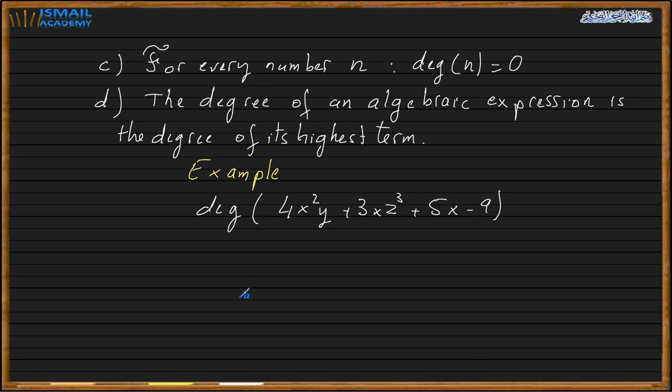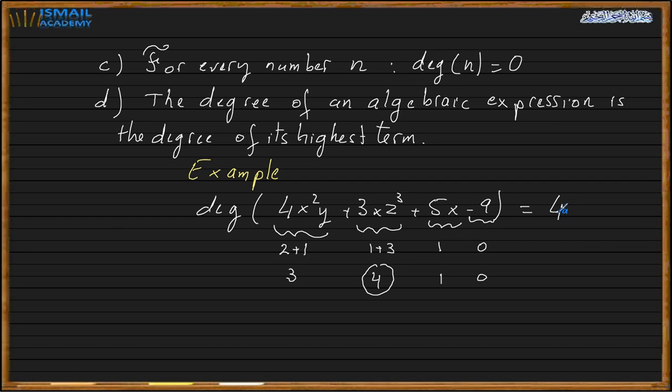So I'm going to find out the degree of each term. The degree of that one is 2 plus 1, which is 3. The degree of that one is 1 plus 3, which is 4. The degree of that one is just 1. And the degree of the number is 0. So I'm going to pick the highest. The highest is 4, so the degree here will be 4.